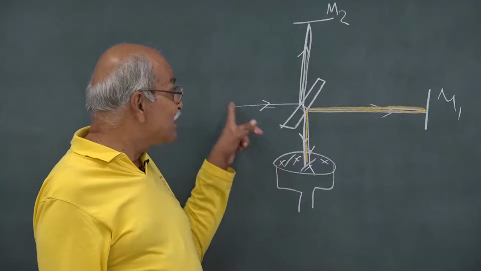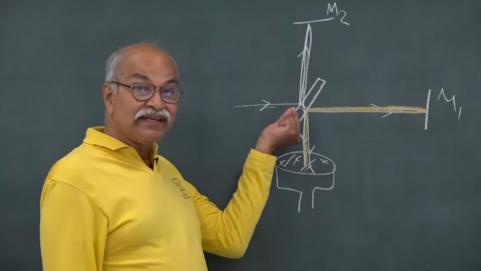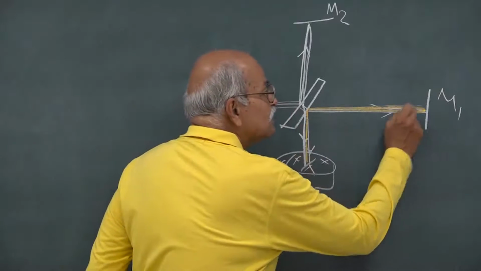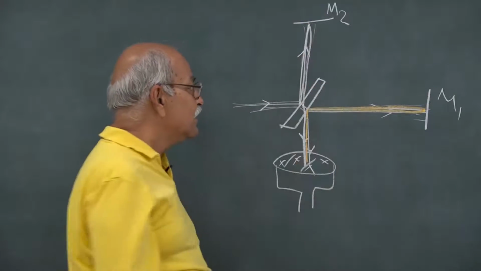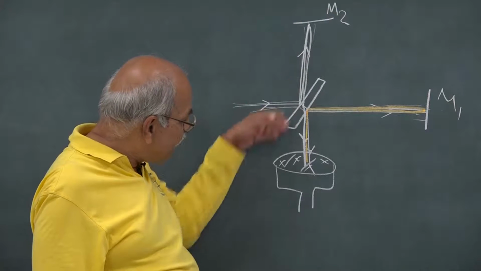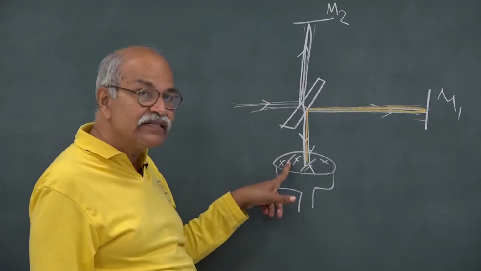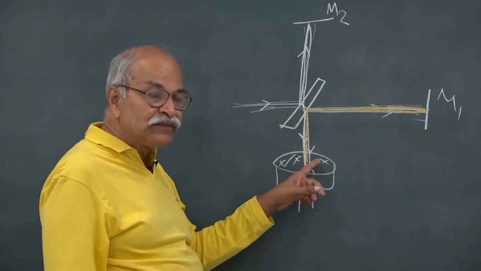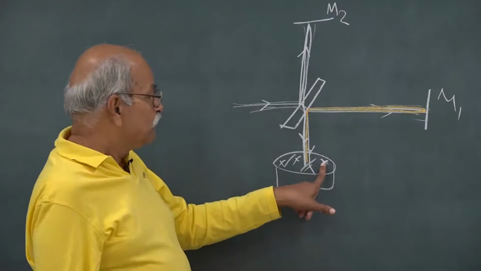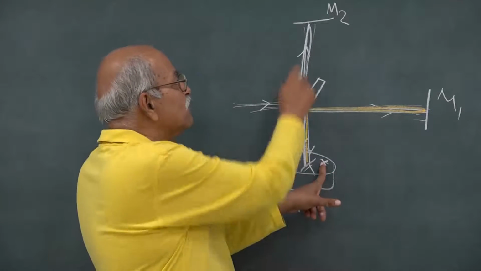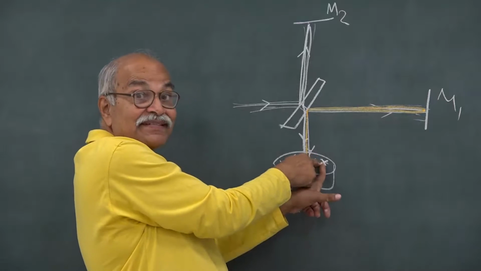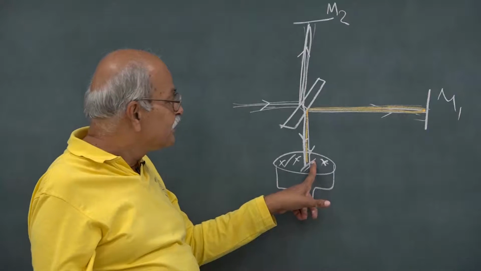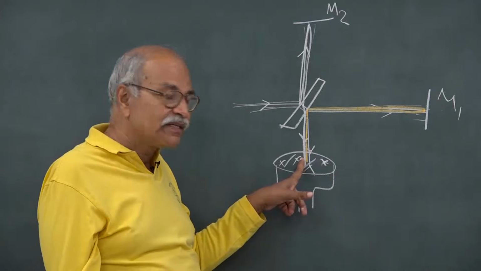The light which is coming from here is not one single ray; of course it is a beam, and that whole beam is going here, reflecting. Some parts of that beam will have a path so that it will reach here, some will have a path so that it reaches here. So, at this place the beam coming from the first path and the beam coming from the second path will have one phase relation, whereas in this place they will have a different phase relation, and in this place another, and so on.